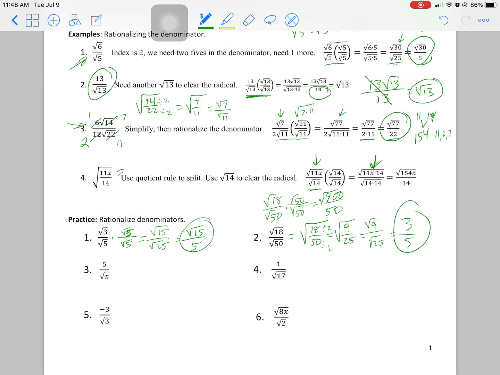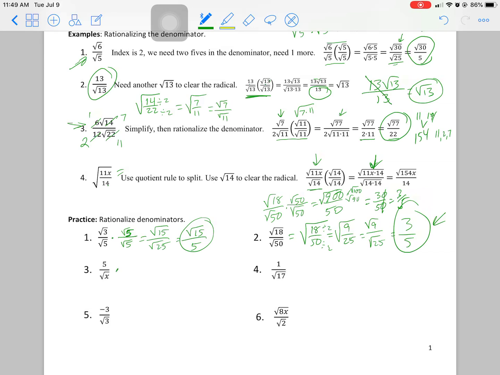The square root of 900 is a perfect square, 30. So 30 over 50, that reduces by 10, that gets to 3 over 5. So even if you forget to reduce first, you'll still get there. It's just you're working with much larger numbers than you need to. I think you agree that this way was the better way to do that.